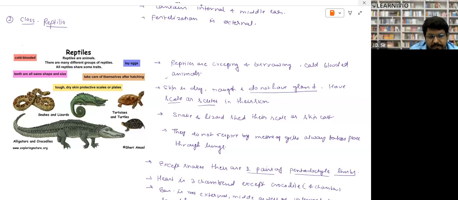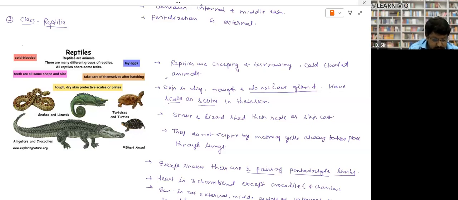Next point. They do not respire by means of gills. Full stop.